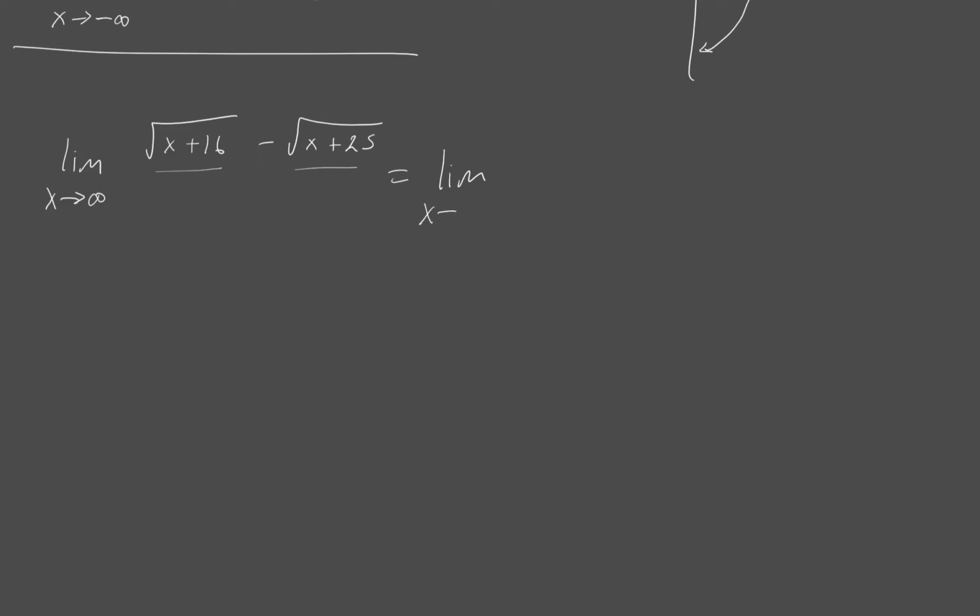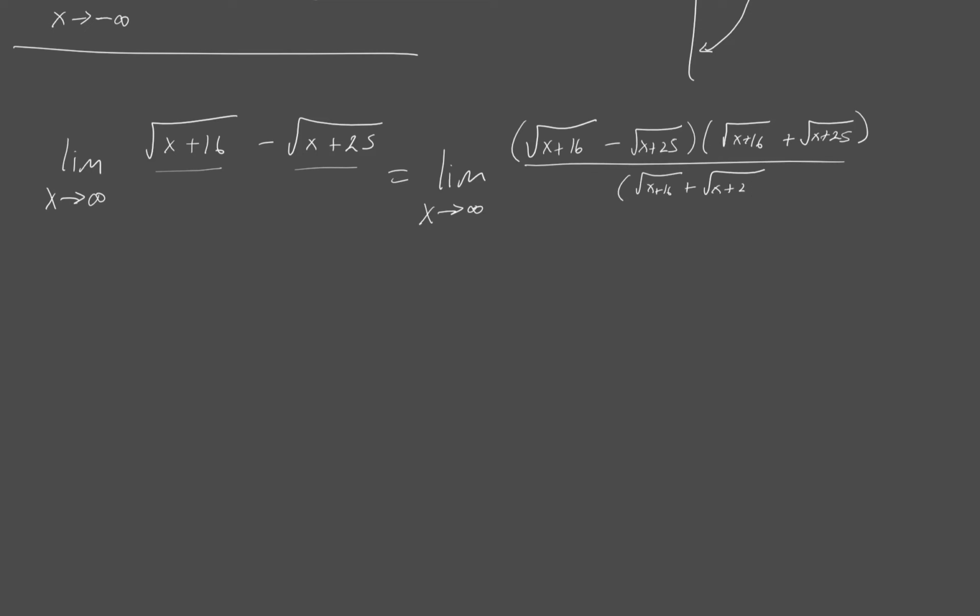So this is the limit as x goes to infinity. I've got the square root of x plus 16 minus the square root of x plus 25. We're going to multiply that by the square root of x plus 16 plus the square root of x plus 25, the conjugate. And we're going to divide by that same thing, the square root of x plus 16 plus the square root of x plus 25.